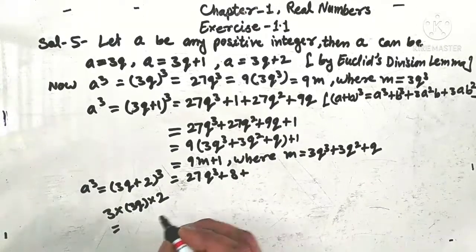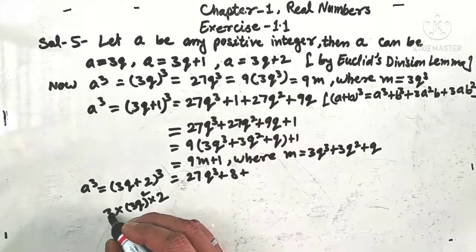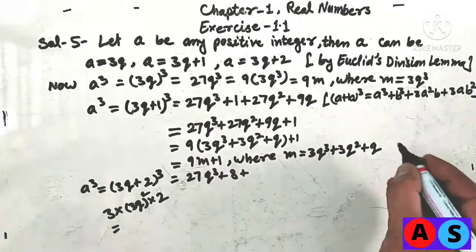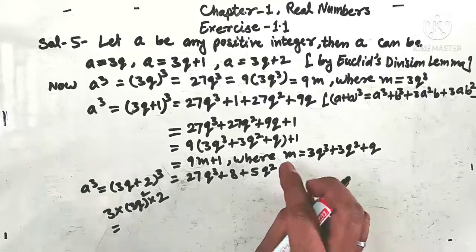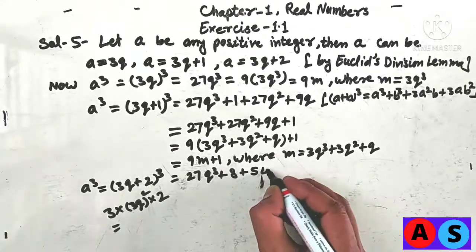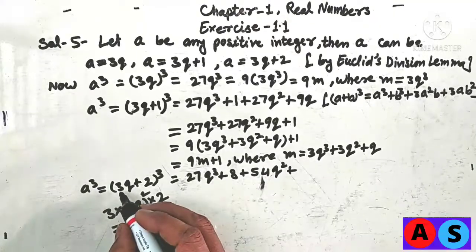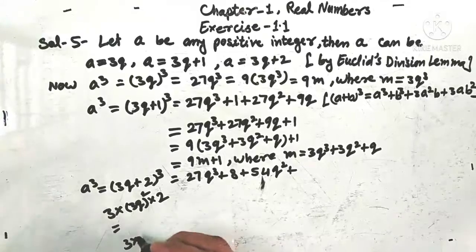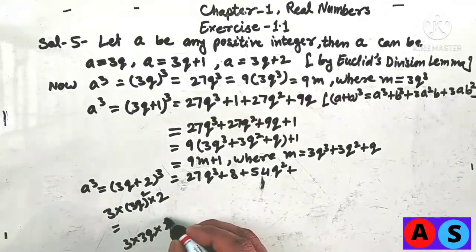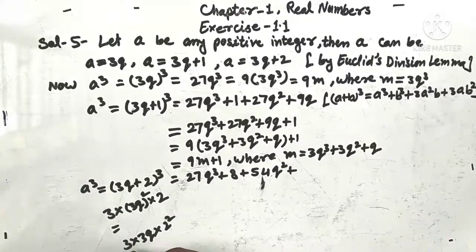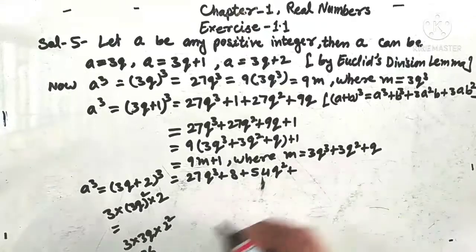After multiplication we get 3 3s are 9, 9 3s are 27, 27 2s are 54q square, plus 3 times the product of 3q and square of 2. After multiplication we get 3 3s are 9, 9 4s are 36q.